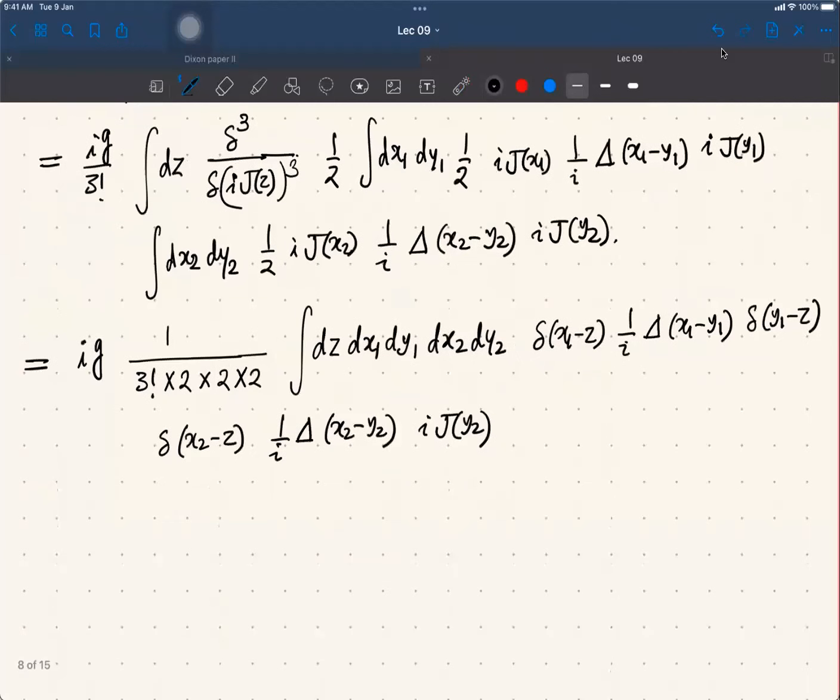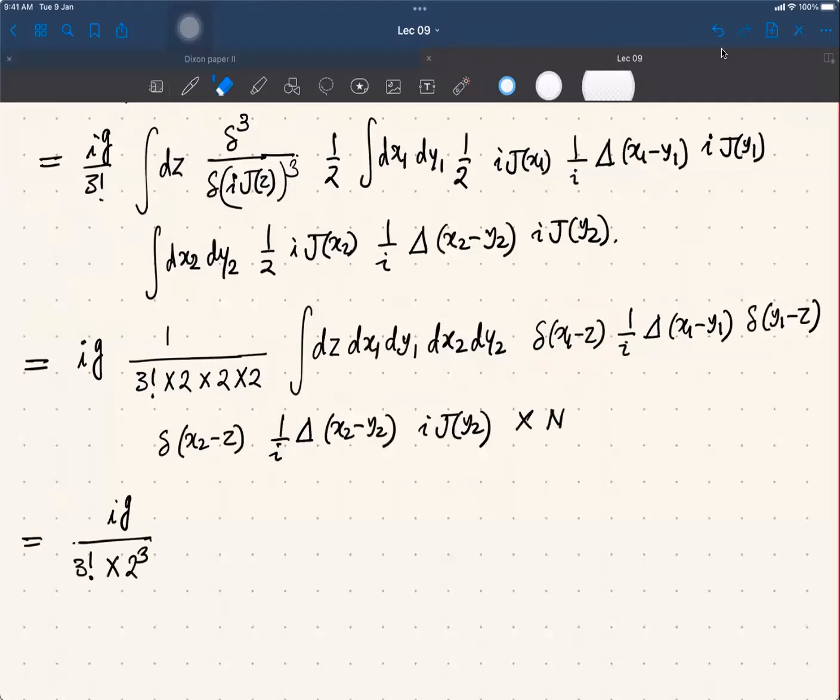That y2 j at y2 remains free. Okay, these are delta functions because your one del I j z is acting on this. So Ig divided by factorial 3 times 2 cube, this times a factor of n, the number of repetitions.